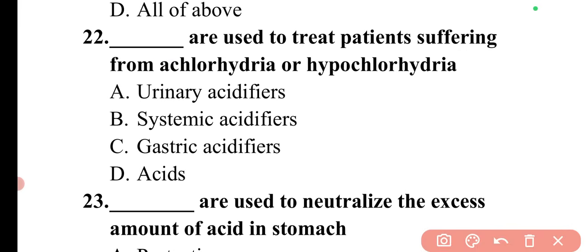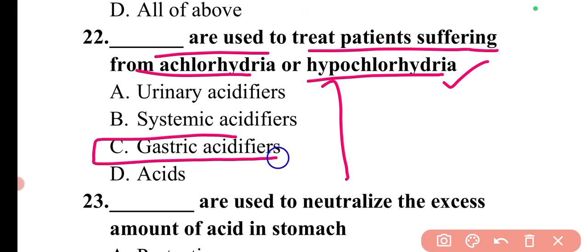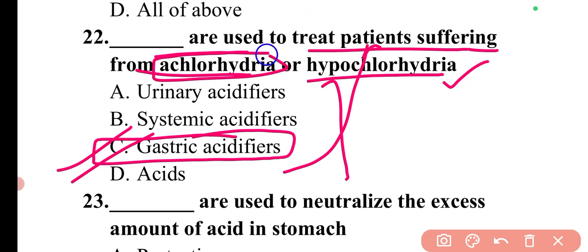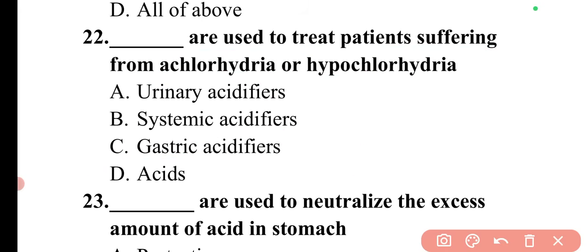Next question is, dash are used to treat patients suffering from achlorhydria or hypochlorhydria. So these are the gastric acidifiers which are used to treat patients suffering from achlorhydria. Achlorhydria means there will be less or no secretion of acid in the GIT. So this is option C, correct.